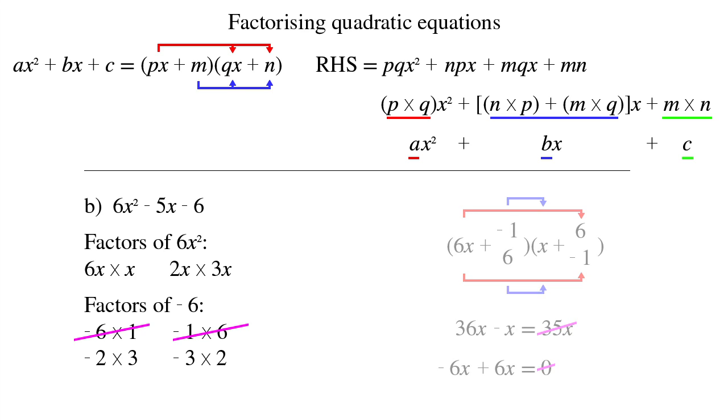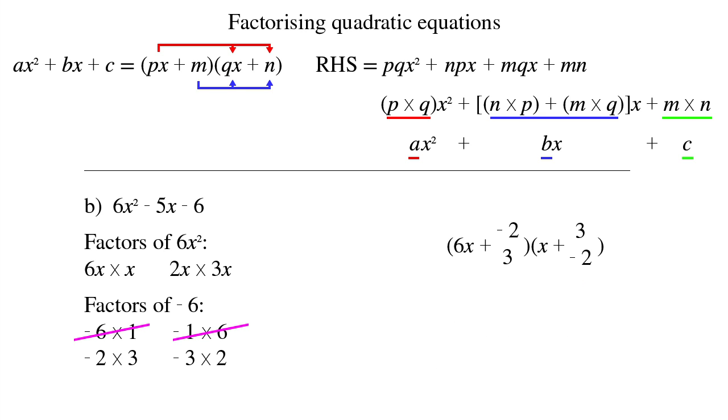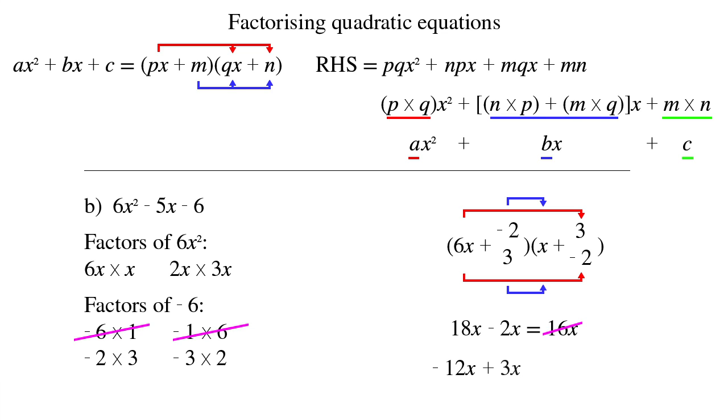Let's move on and try 6x plus negative 2 or 3 times x plus 3 or negative 2. For the top choice, our middle term is 18x, negative 2x, which is 16x. And for the bottom choice, we have negative 12x plus 3x, which is negative 9x. Neither of these are right, and so we can also rule out trying 6x and x with negative 3 and 2.